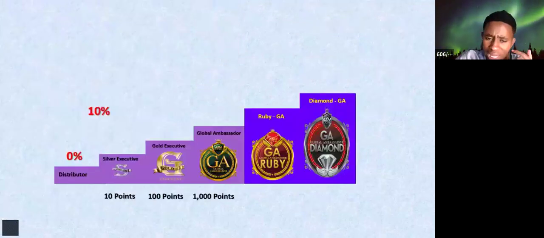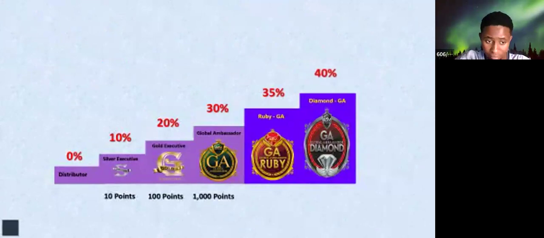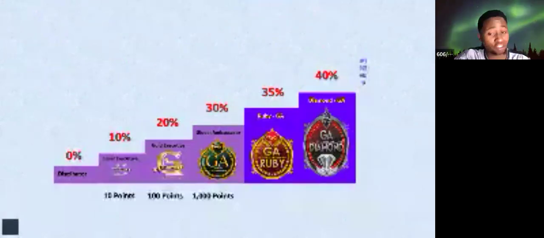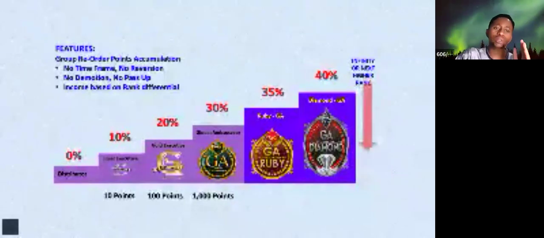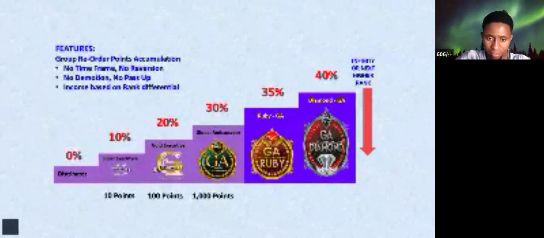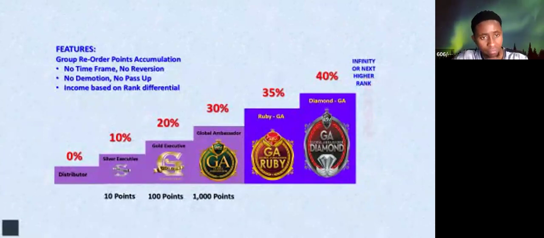So the amount of income calculated in Unilevel, Stairstep, and UPP depends on the ranks. As a distributor, you only earn 5%. But if you move to Silver Executive, you get another additional 5%. So what is needed for you to hit the ranks? You need positional points.